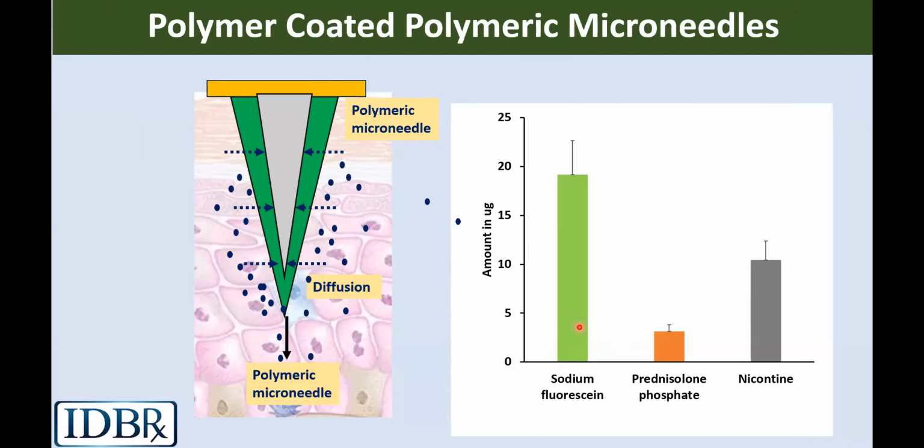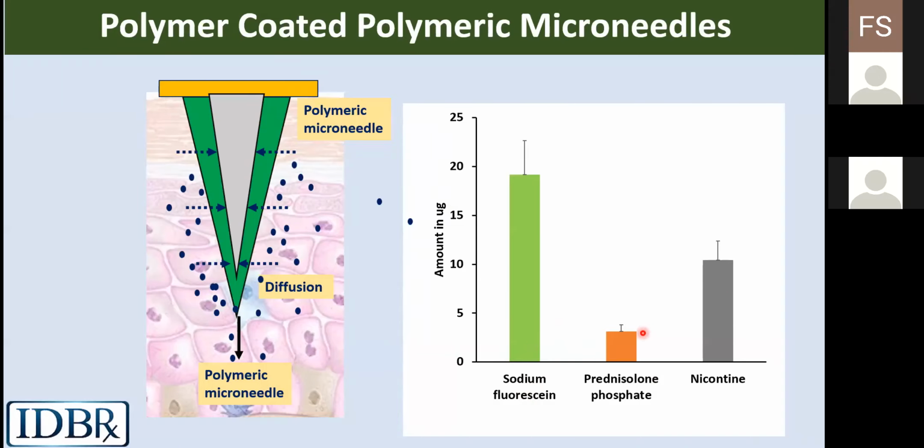We found that there was a lot of sodium fluorescein compared to the lipophilic drugs like prednisolone and nicotine. This is quite obvious because the polymer that we used in the core was PVP, and PVP is quite hydrophilic in nature. There is selective diffusion of hydrophilic molecules into the core microneedles when you use PVP as the core microneedle.